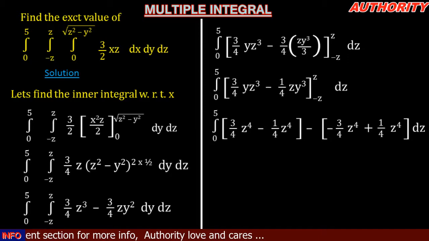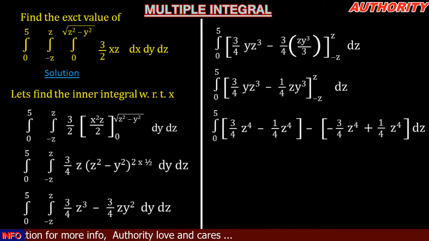So here, after placing the upper limit minus the lower limit, we have the integral from 0 to 5, 3 all over 4 z raised to the power 4 minus 1 all over 4 z raised to the power 4, close the bracket, minus open bracket minus 3 all over 4 z raised to the power 4 plus 1 all over 4 z raised to the power 4. All right, good.